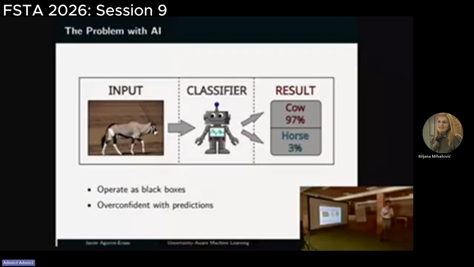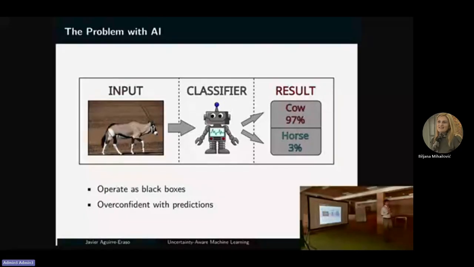And when we happen to give the model another animal that is not a cow or horse, even though it's well trained, it will predict one of those with really, really high confidence, which is a problem because it's a fake confidence. And this is compounded by the fact that most models operate like a black box, and it's very difficult to track where the prediction comes from.